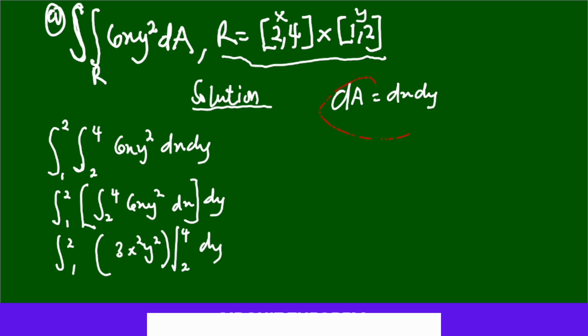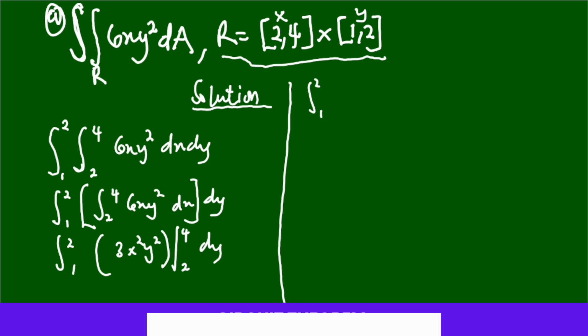Okay, so now my integral from 1 to 2 still remains, and now we evaluate this putting in our x values: minus 3 into bracket 2 squared y squared, dy.